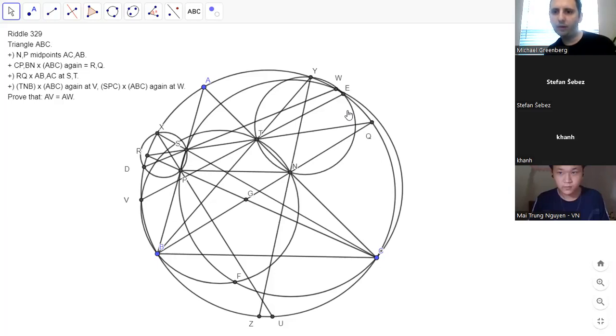So we want to show AS over SP is AS over SP and AT over TN. So you want to show the ratio is like AB squared over AC squared.